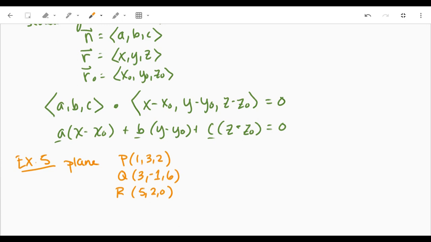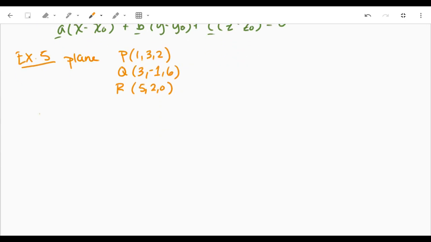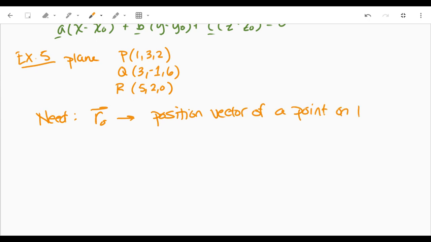Remember, we need two things. We need r naught, which is the position vector of a point on the plane. We've got 3 of those that we could choose from. And then we need n, which is the normal vector to the plane.